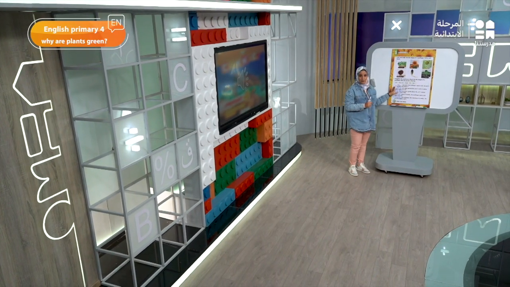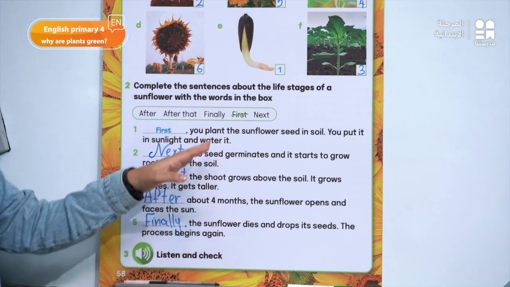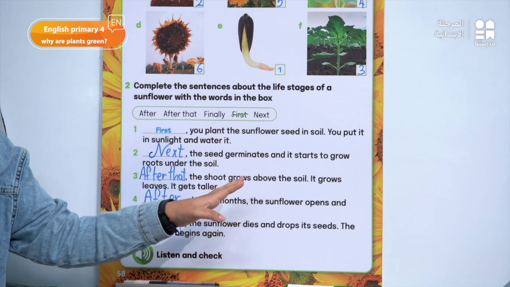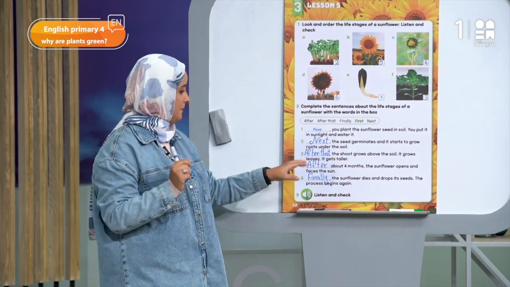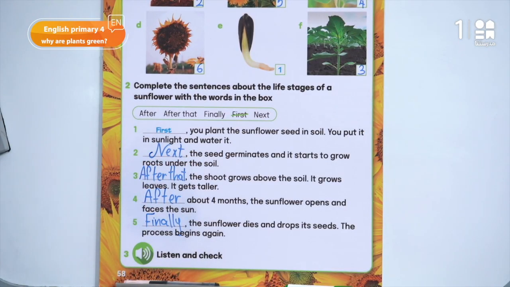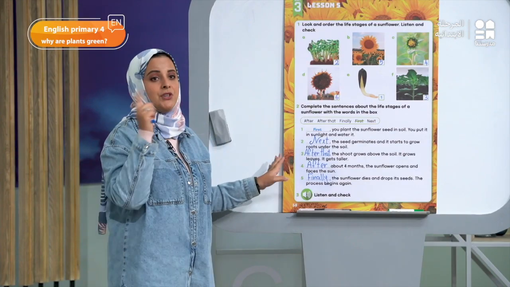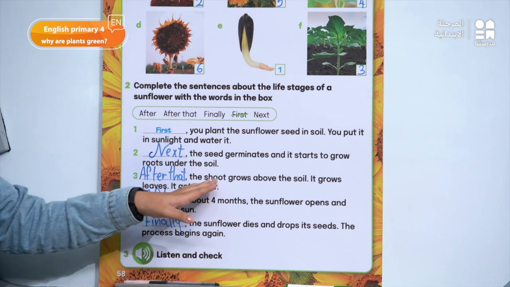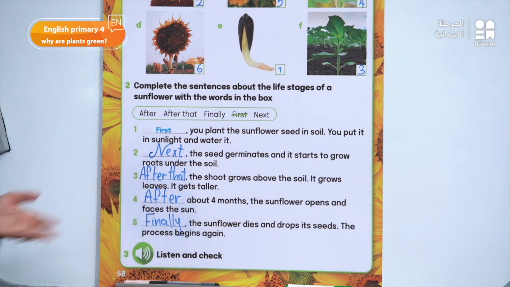So, number 1 again, one more time. First, you plant the sunflower seed in soil, put it in sunlight and water it. Number 2, next the seed germinates and it starts to grow roots under the soil. Number 3, after that, the shoot grows above the soil. It grows leaves, it gets taller.